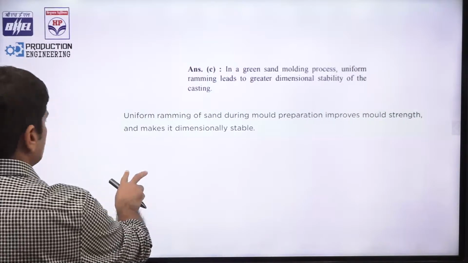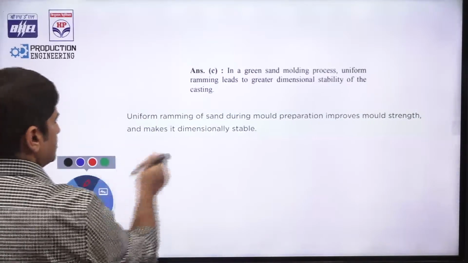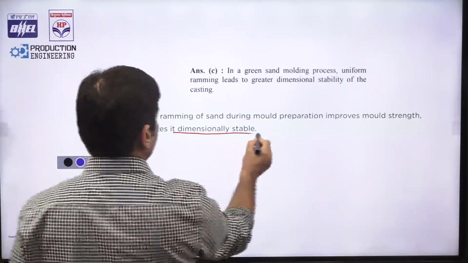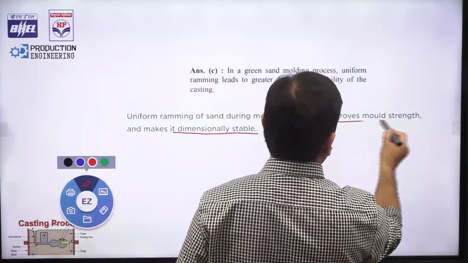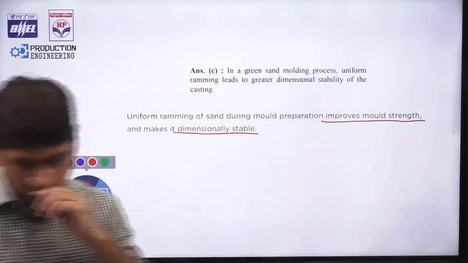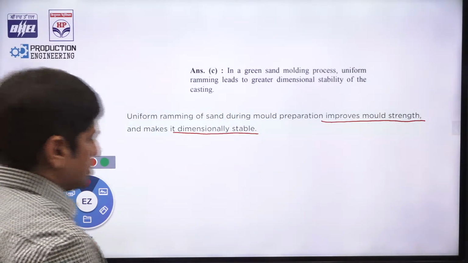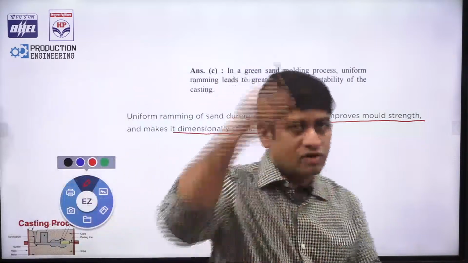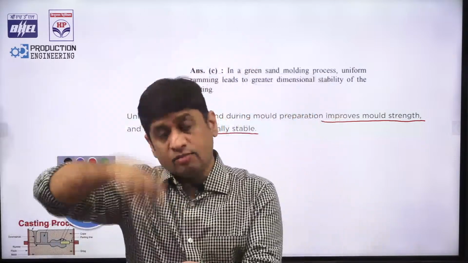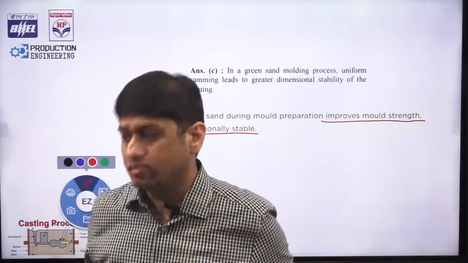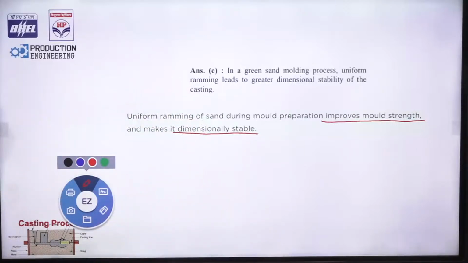So what happens due to ramming? There are two advantages. One, you get dimensional stability, and the mold strength increases. Mold strength will increase because you hammer it, and because of the hammering the sand becomes quite good, so it becomes strong.